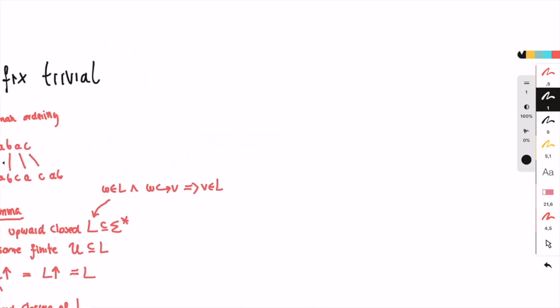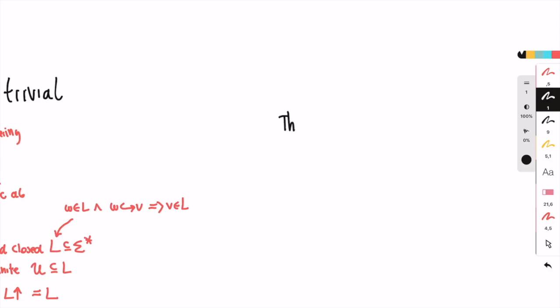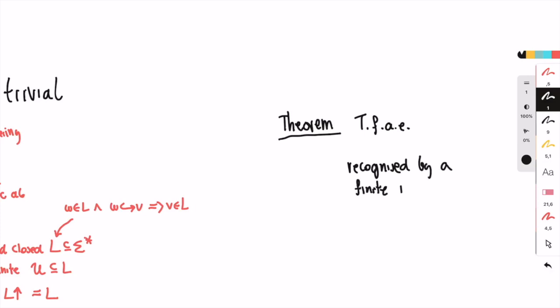So let's state this. The following conditions are equivalent. Number one, recognized by a finite infix trivial monoid. This is going to be equivalent to something that is called piecewise testable.